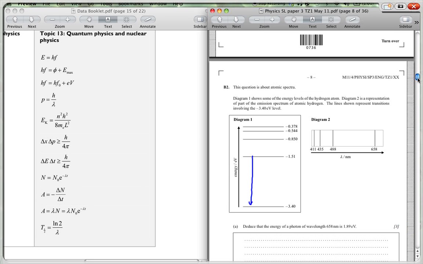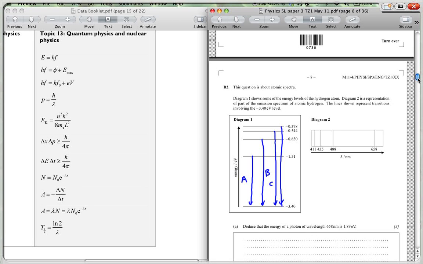This would be A, because this is your longest wavelength, therefore the smallest energy difference. Now 488 must be the next longest wavelength, and therefore the next smallest energy. So this would be B, C, and D, like that.